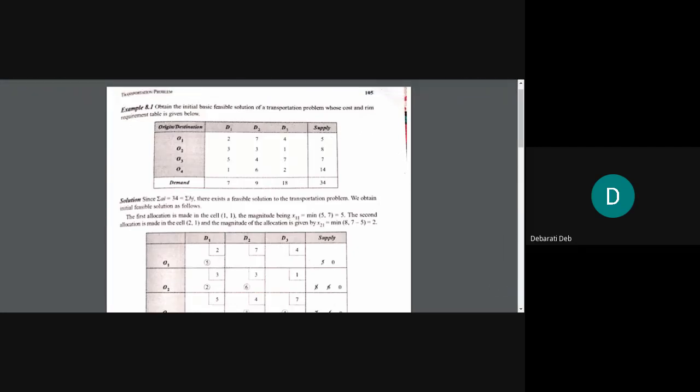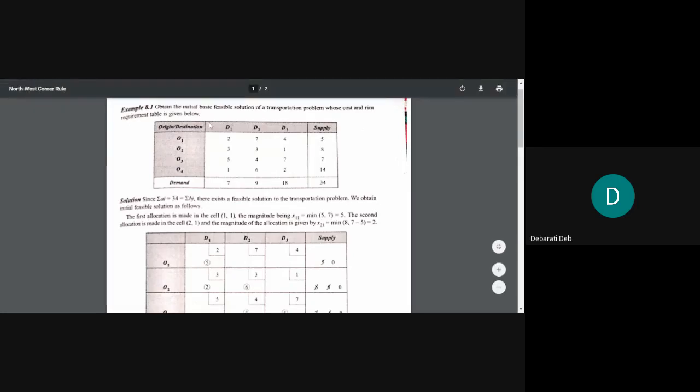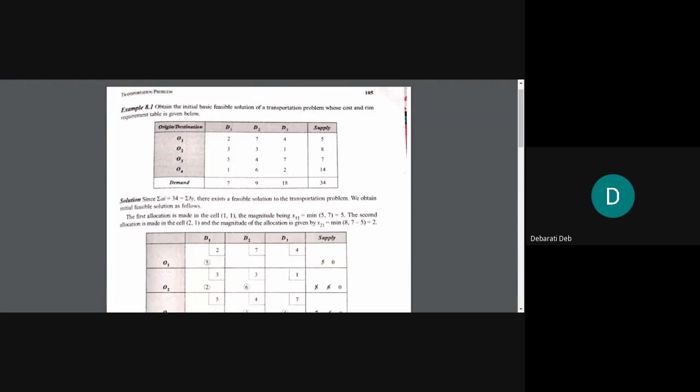So we are starting with the northwest corner rule. The northwest corner rule and the least cost method are not as widely used as Vogel's approximation method. The third one is very important. So we will spend 2 days solving sums from the first two methods, and after that we move directly on to VAM.